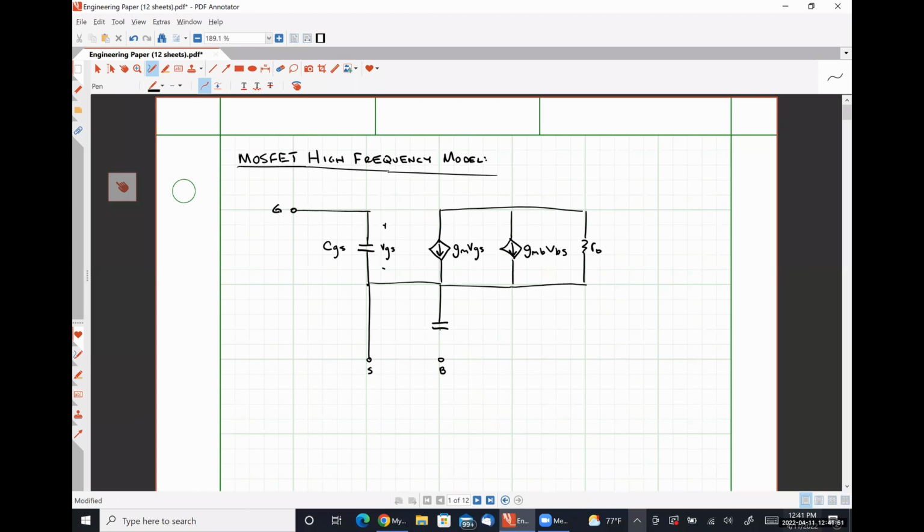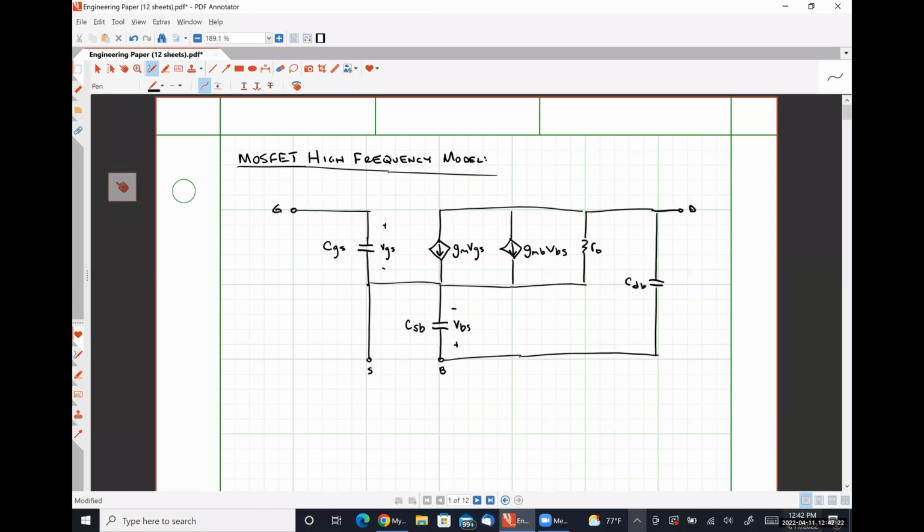Between the body and source, we can have a capacitance, CSB, over which a voltage, VBS, occurs. And we can also have a capacitance observed between the drain and the body, like so, where this will be CDB.